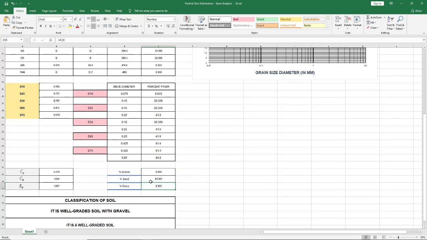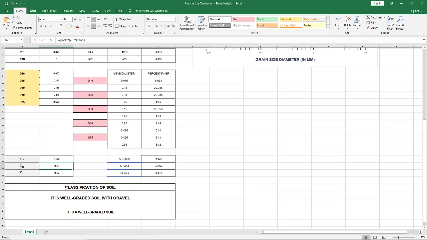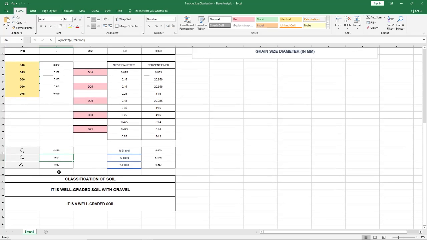After determining these percents for gravel, sand, and fines, you'll now get the CC. The CC is D10 over D60, which gives us 4.478. And then for the CU, the D30 should be squared all over D10 times D60, giving us 1.004.